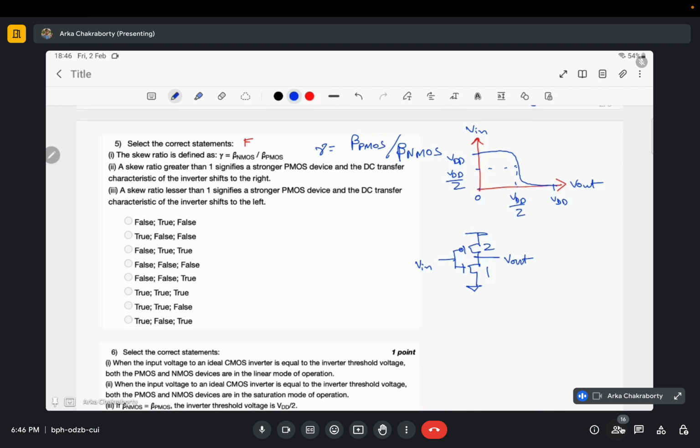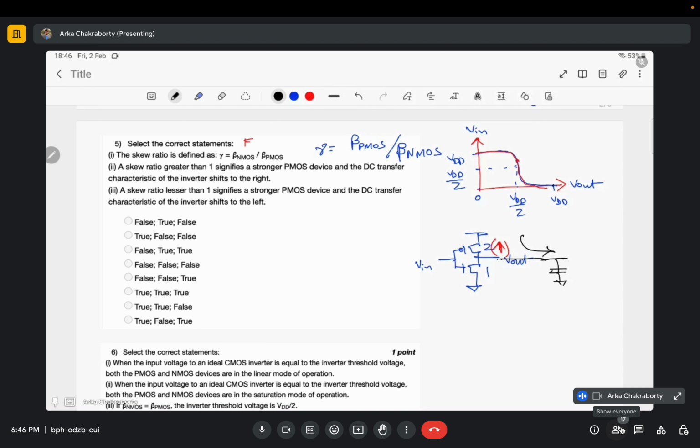Now, what will happen if I increase the strength of this PMOS? What will happen to this curve? As my PMOS strength is increased, the current through the PMOS, the charging current that charges the load capacitor connected at the output, is increasing.